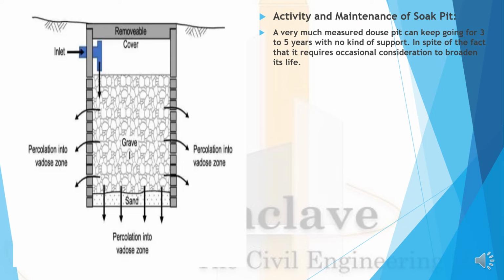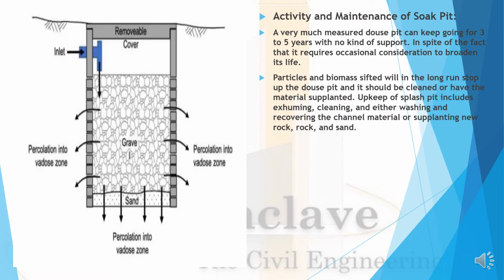Operations and maintenance of the soak pit. A well measured soak pit can last for 3 to 5 years without any kind of maintenance, although it requires occasional attention to extend its life.